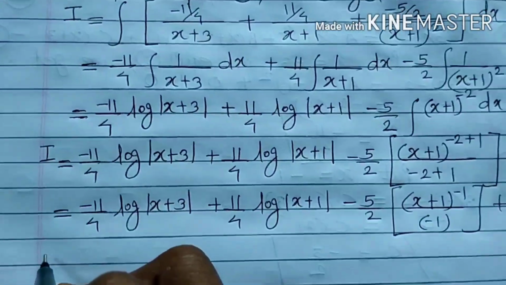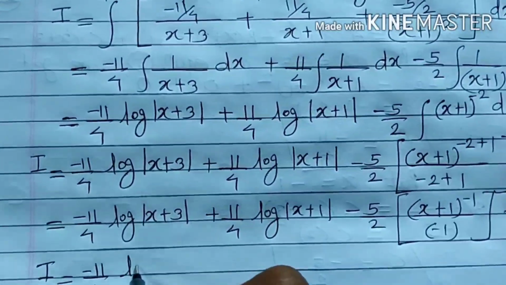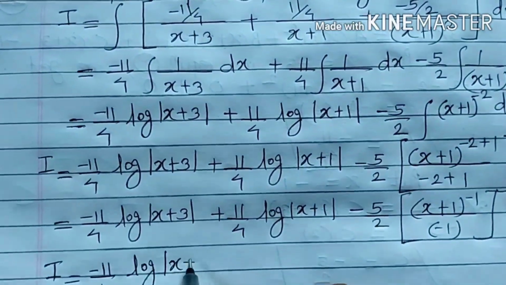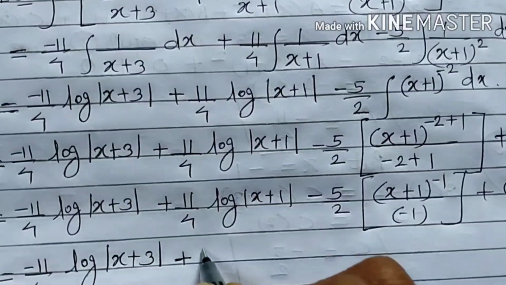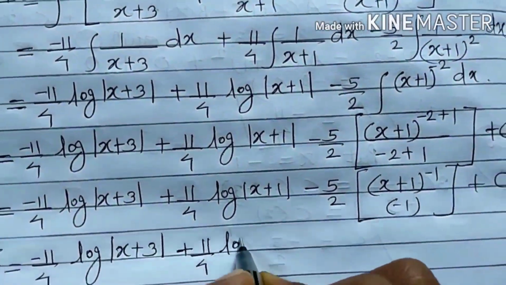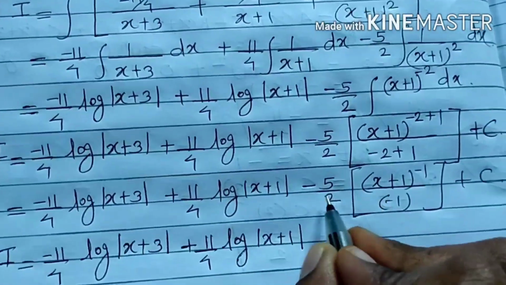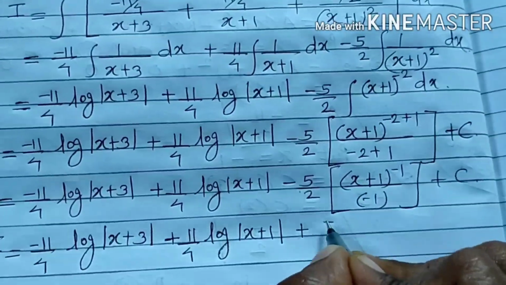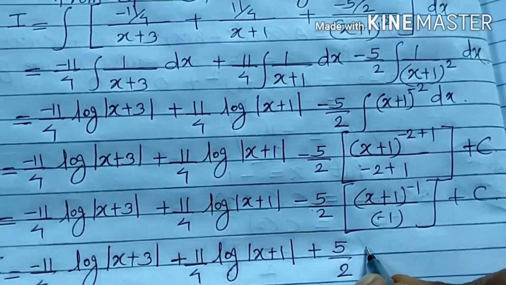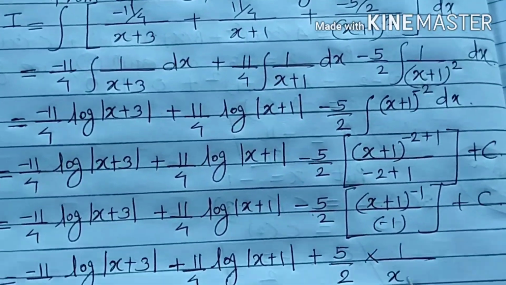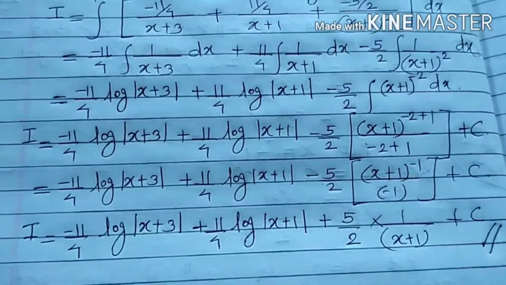And the last step is I is equal to minus 11 by 4 log x plus 3 plus 11 by 4 log x plus 1. Now this minus becomes plus, so it is 5 by 2, and x plus 1 inverse, so it is into 1 upon x plus 1, plus c. So this is our answer.